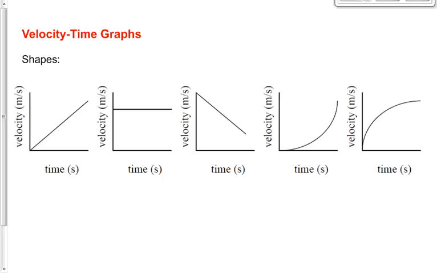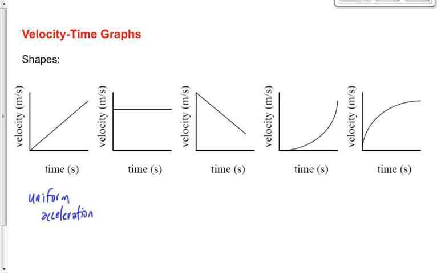Constant acceleration, uniform acceleration. So it's not enough to say acceleration. It is enough to say constant acceleration or uniform acceleration, meaning that it's speeding up, it's getting faster and faster, but the rate at which it's getting faster and faster remains the same.